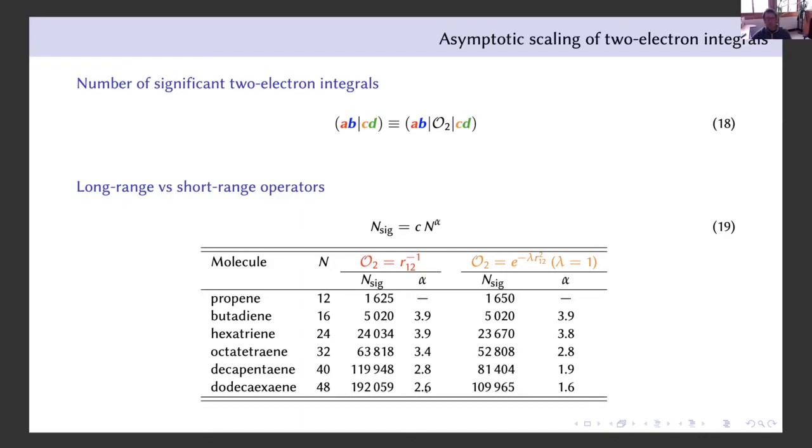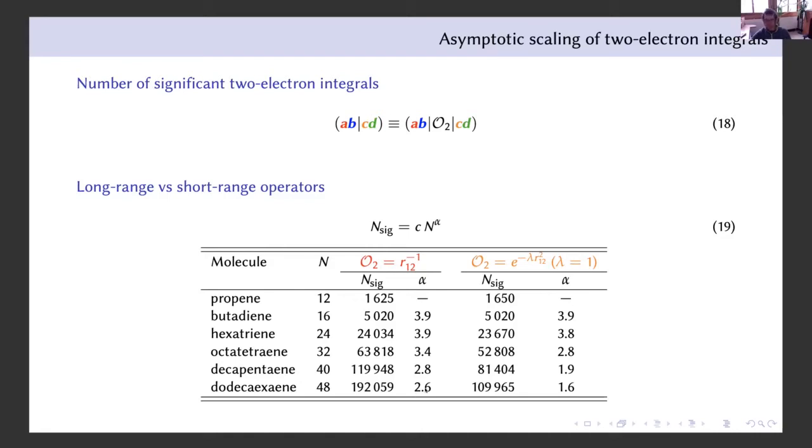You have a quadratic number if you have a large enough system. Of course, if you do the helium atom in a very large basis, you're going to have to compute roughly n to the 4. But if you have a long molecule or a very large one, you're not going to compute n to the 4. And that's why you can do DFT and Hartree-Fock calculations on very large systems. Otherwise, you wouldn't be able to do it.